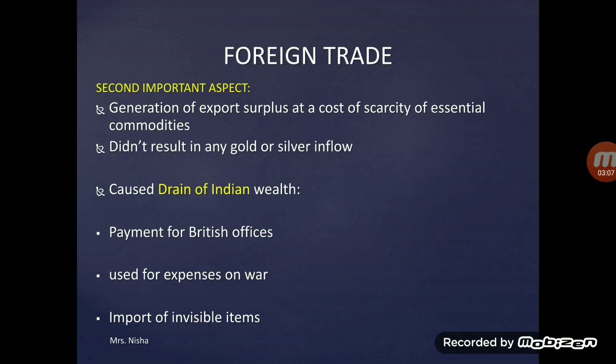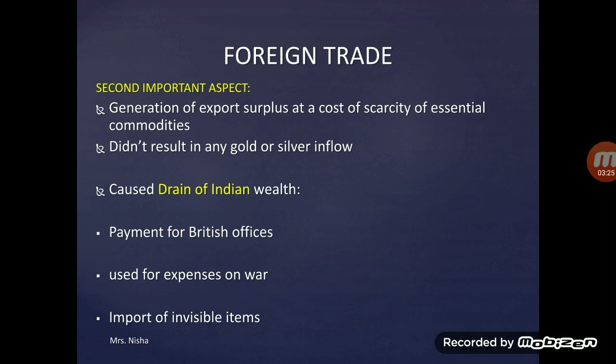Now, although it is a good thing that we were generating export surplus, this did not result in any inflow of gold or silver into our country. Rather, whatever Britishers were able to generate out of that was causing a drain of Indian wealth.